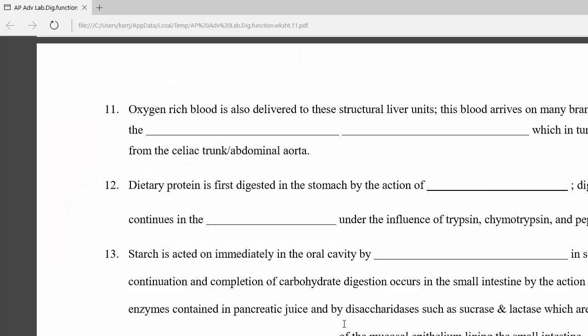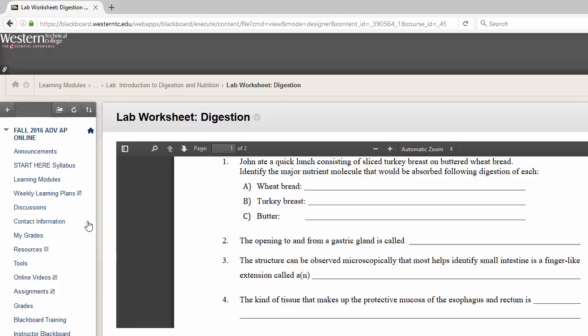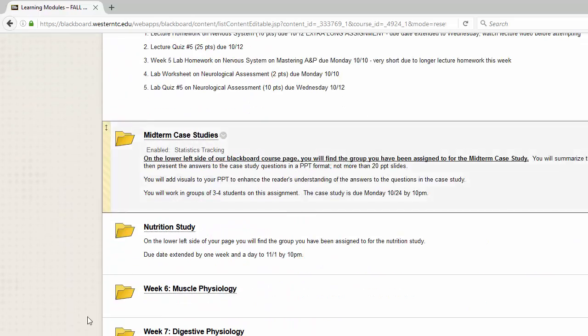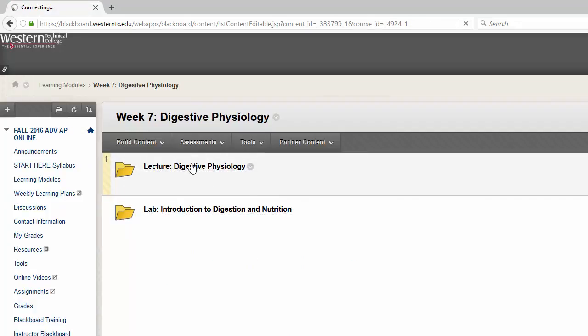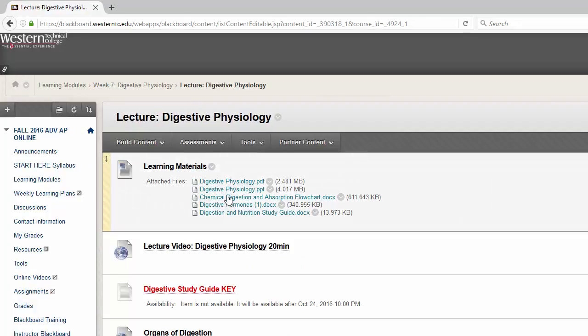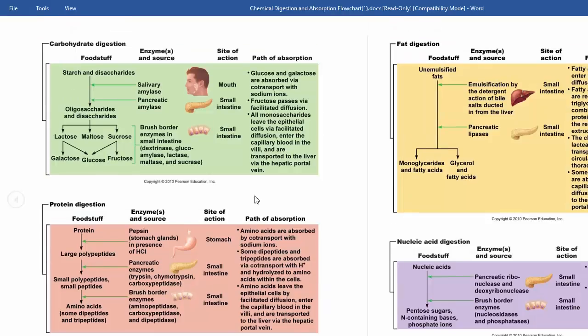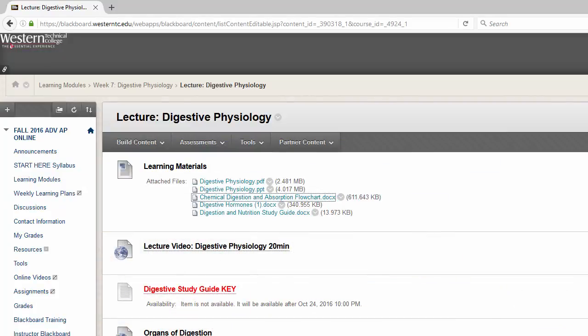Pepsin. Here it is. Okay, if you go to Learning Modules, into the Digestive folder, Lecture, I have this flow chart from your textbook. This is a great thing to print off with your PowerPoint notes for reference and studying. So I'll just put that away for now.